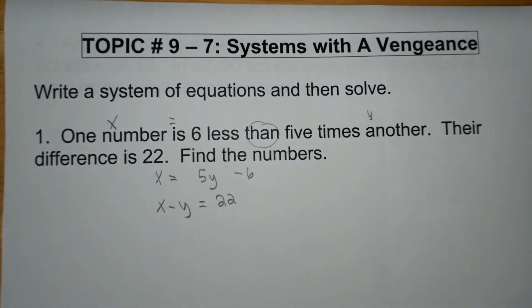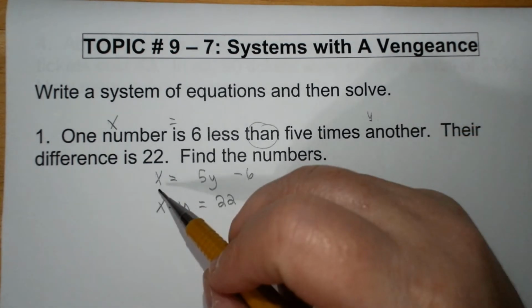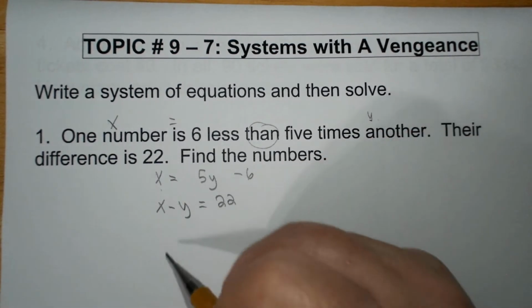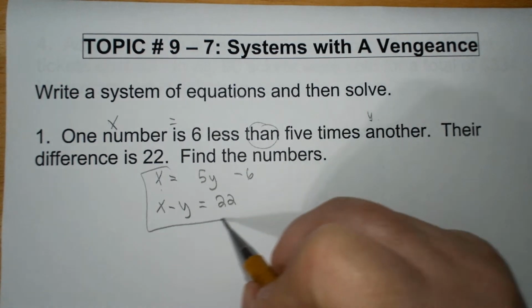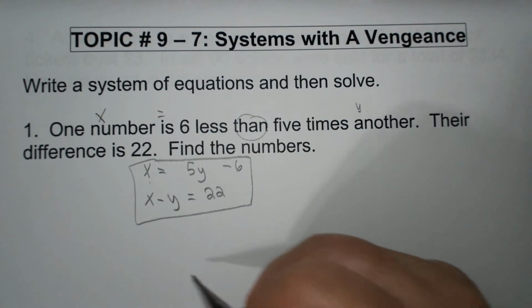You now have 2 equations with 2 unknowns. You have X equals. I'm going to do substitution. These are my setups. I kind of box them in, so if I have to go make some adjustments, I know where to go.